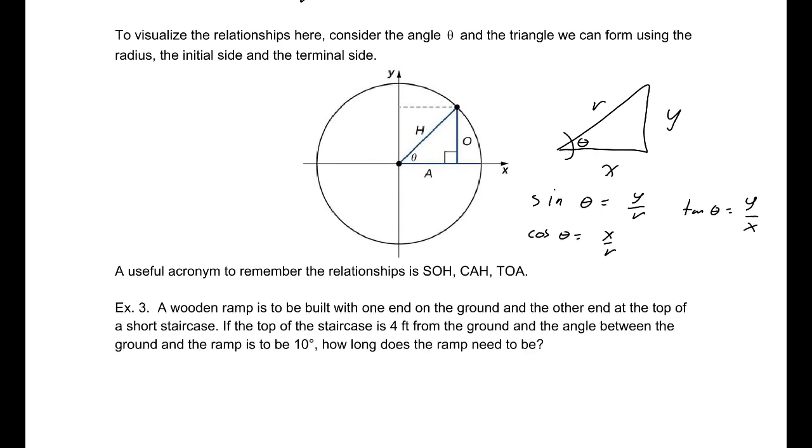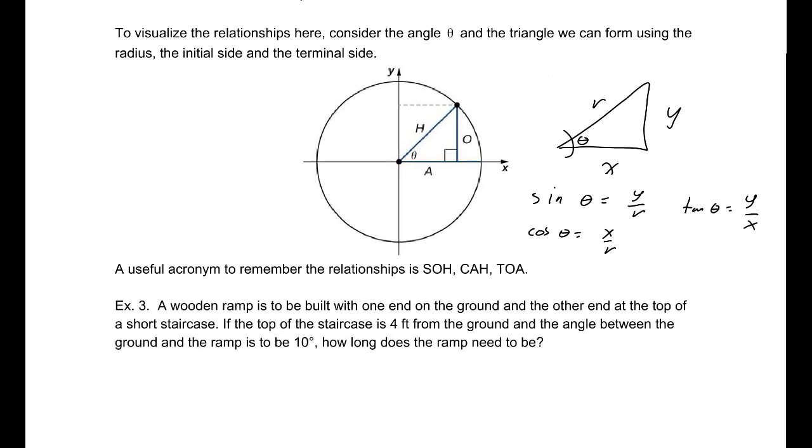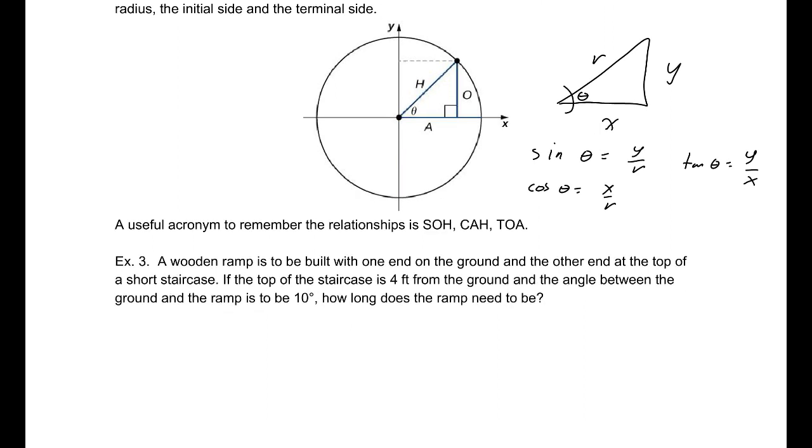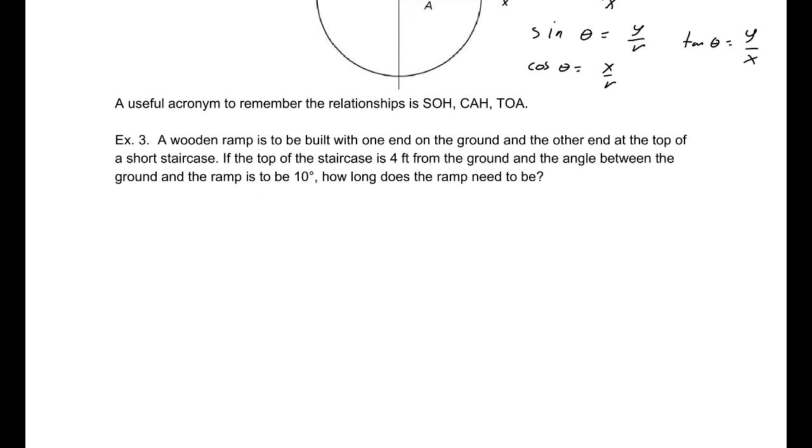Now let's use this to determine the length of a ramp. A wooden ramp is to be built with one end on the ground and the other end at the top of a short staircase. Okay, stop there. Let's imagine what this ramp is going to look like. One end is on the ground, but one end is on the top of a short staircase.